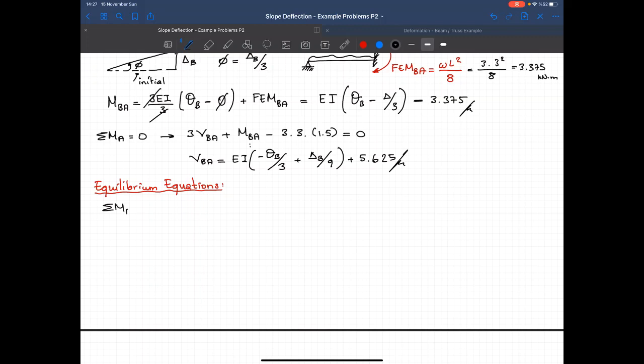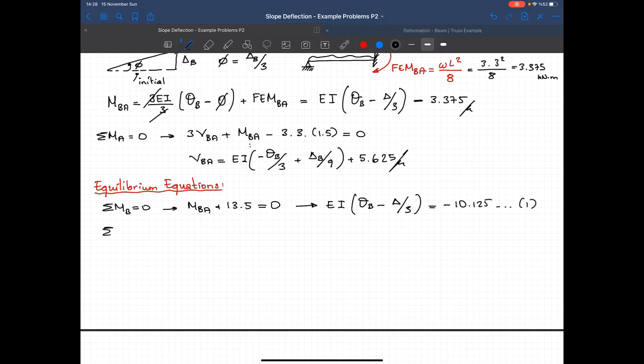Sum of moments at B equals 0. My first equation, MBA plus 13.5 equal to 0. This gives me EI times (theta B minus delta over 3) is equal to minus 10.125. So that's my first equation.